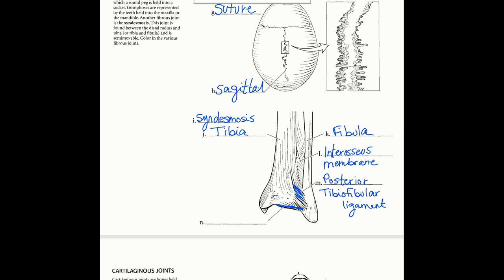That's going to be our transverse plane, which is why it's named the transverse tibiofibular ligament. And again, the joints on this page are our synarthrotic joints, meaning that they do not move.